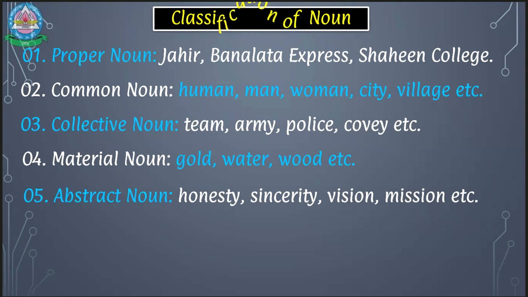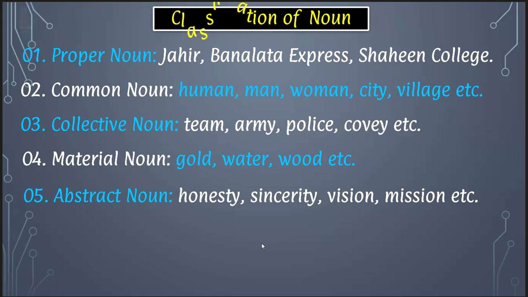Proper noun. Proper noun is the individual name of something or someone. This is the unit of common noun. For example, the personal name or the special name or the individual name of common noun is proper noun.